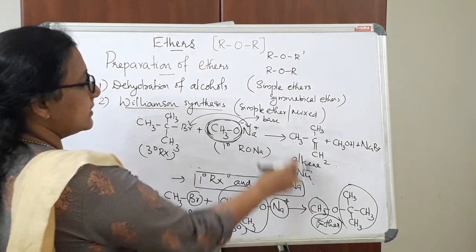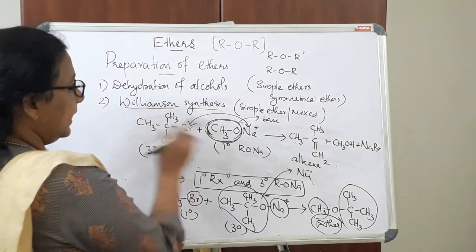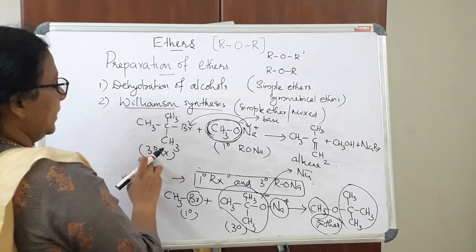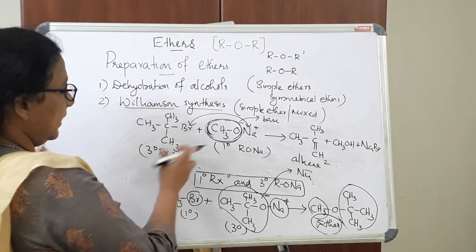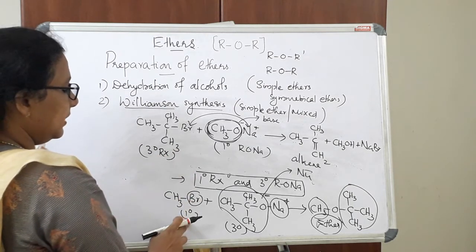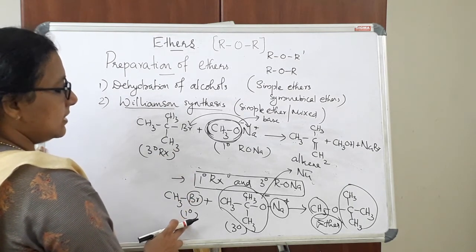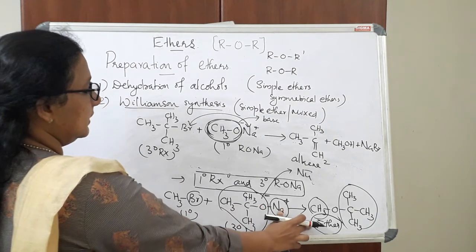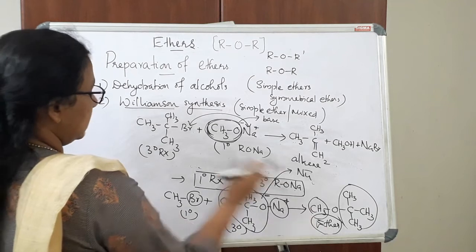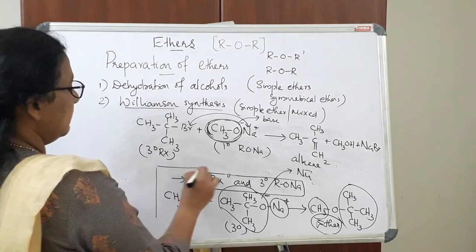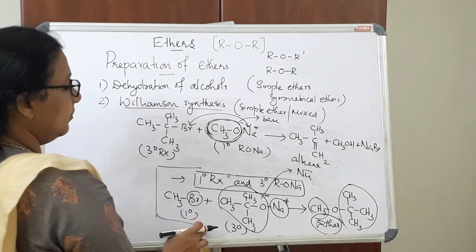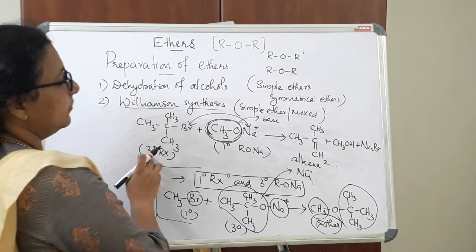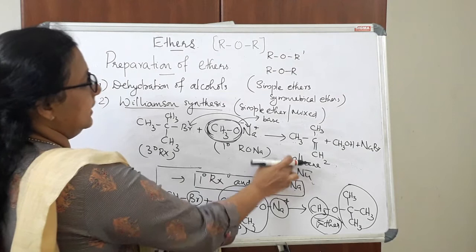In both cases the type of reagents may be the same, but it is a tertiary alkyl halide in one case and a primary alkyl halide in the other. So for better results in the preparation of ether, this is the best method. If the alkyl halide is different, we can expect an alkene.